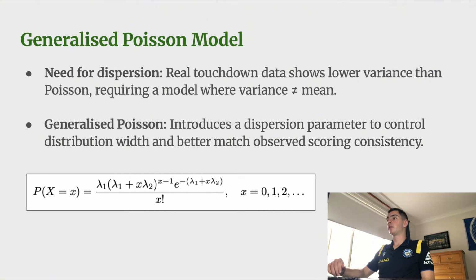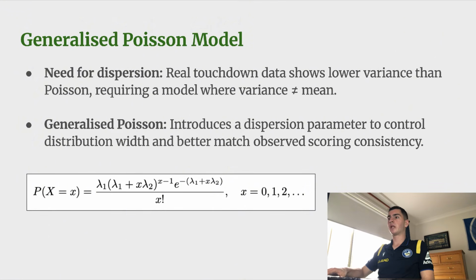Mathematically, the probability that a team scores X touchdowns is lambda 1 multiplied by (lambda 1 plus X times lambda 2) to the power of X minus 1, multiplied by e to the negative (lambda 1 plus X times lambda 2), all divided by X factorial.